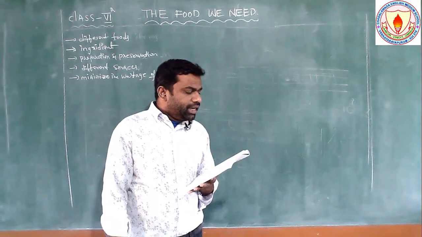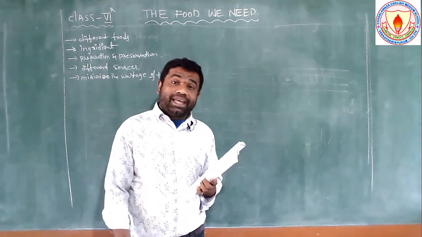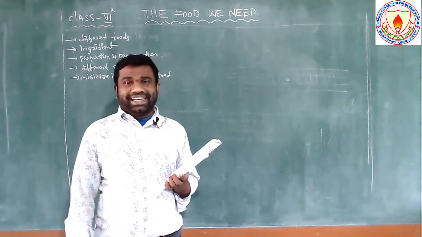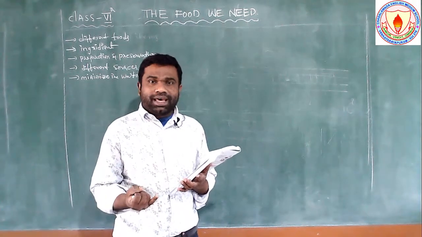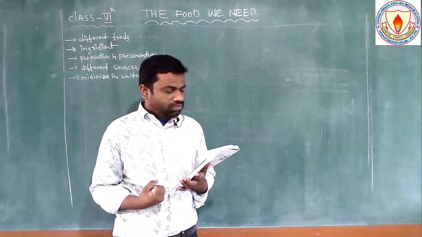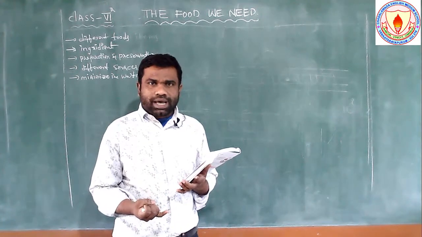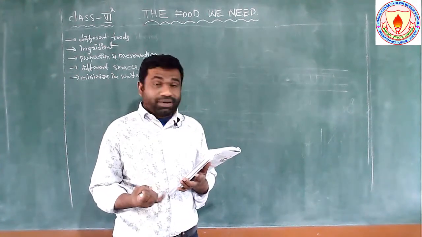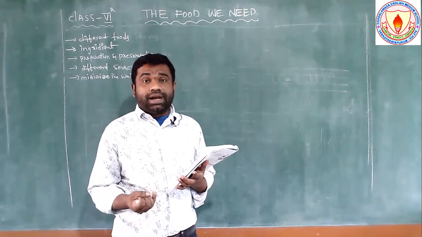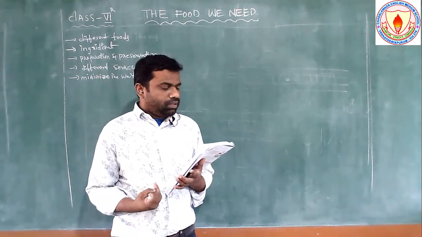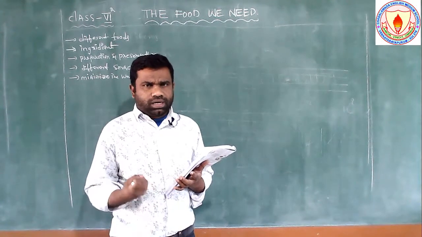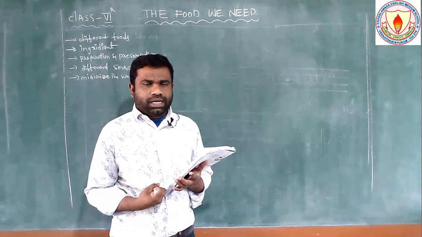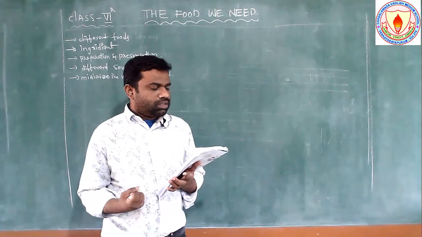Next, ingredients from the animals. From the animals also we are taking ingredients. Yes or no? Eggs, from the hen we are taking eggs. And milk, from buffalo and cows we are taking milk. Next, meat also, chicken and goat meat and some others.